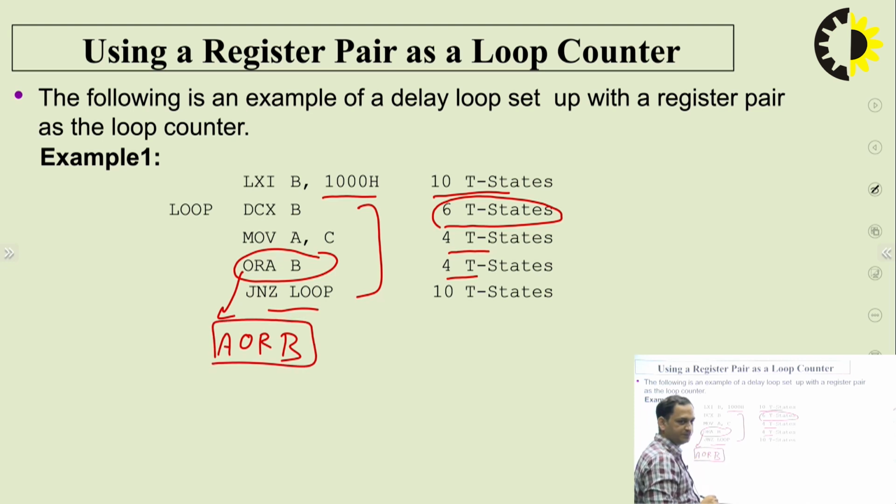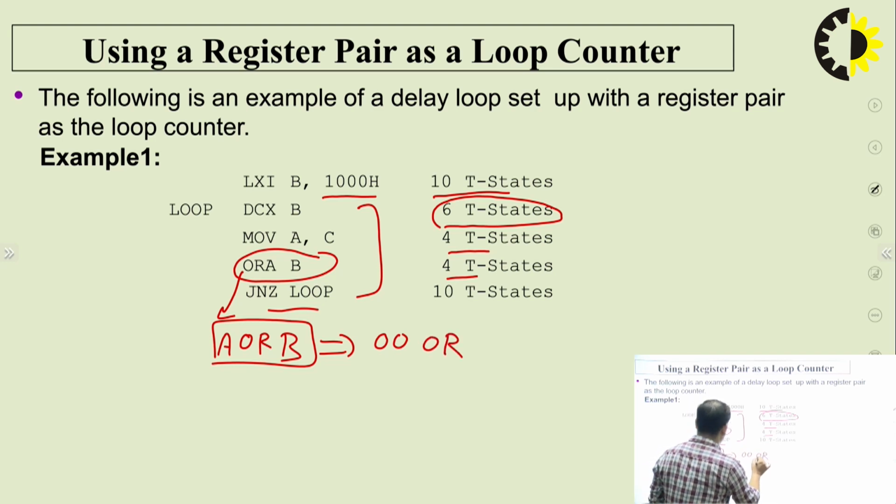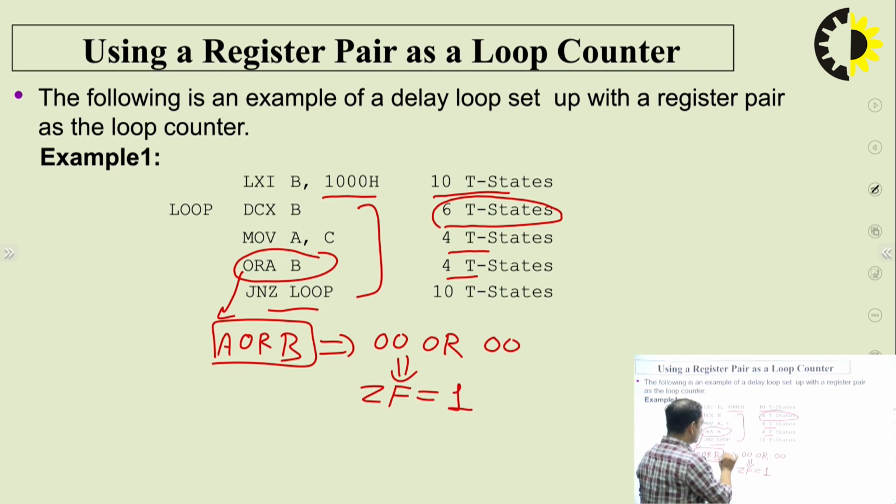A OR B. If both are zeros, what is the case? In this case, the register A must be the same as the register B. When this condition occurs, the zero flag will be set, and then it will come out of this loop.